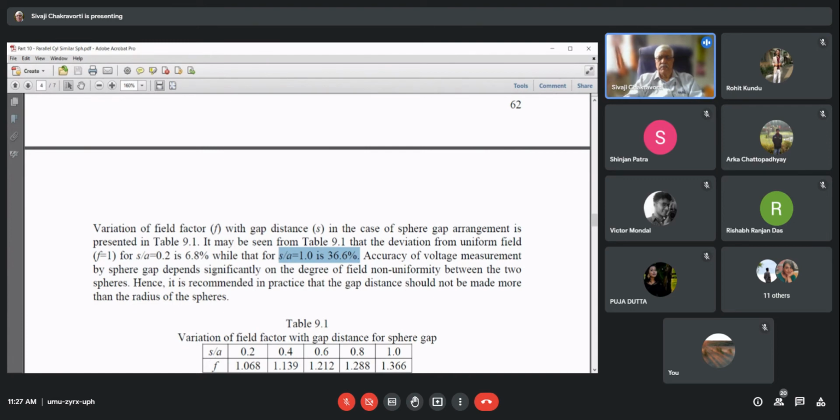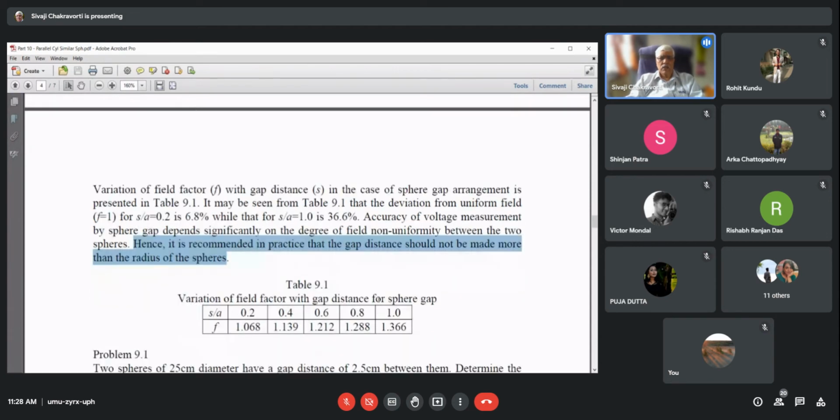Now, in the sphere gap arrangement, the accuracy of measurement depends very much on this uniformity. And as you can clearly see, when this S by A ratio is low, we get a reasonable uniformity of field distribution. And if you recall our earlier discussion, in the sphere gap measurement, the gap distance is always kept less than or equal to the radius of the sphere.